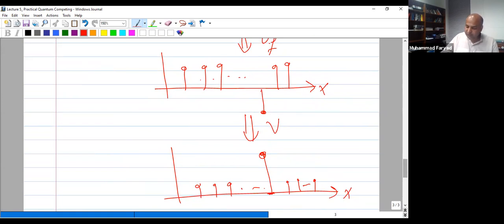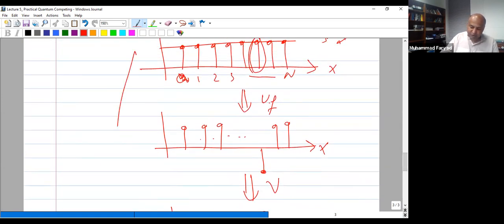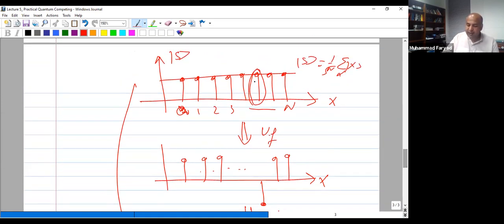And overall, this Grover algorithm is sort of the amplitude amplification of a state which we are looking for. So this amplitude amplification is the way of thinking about quantum solutions.